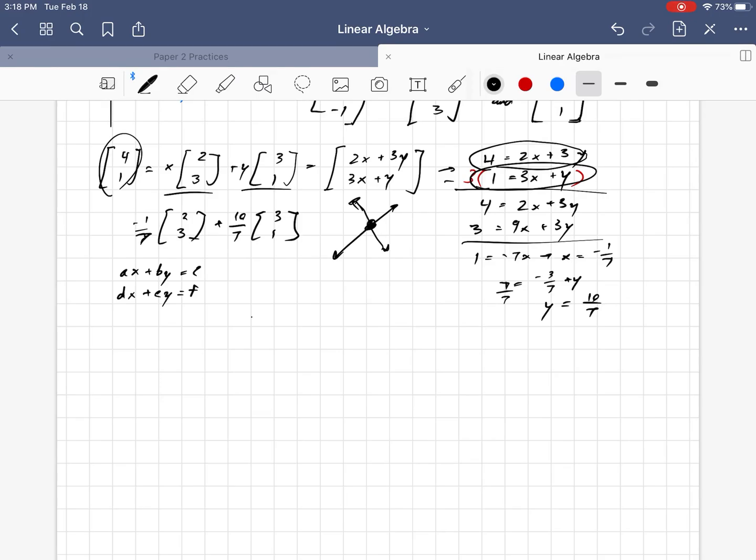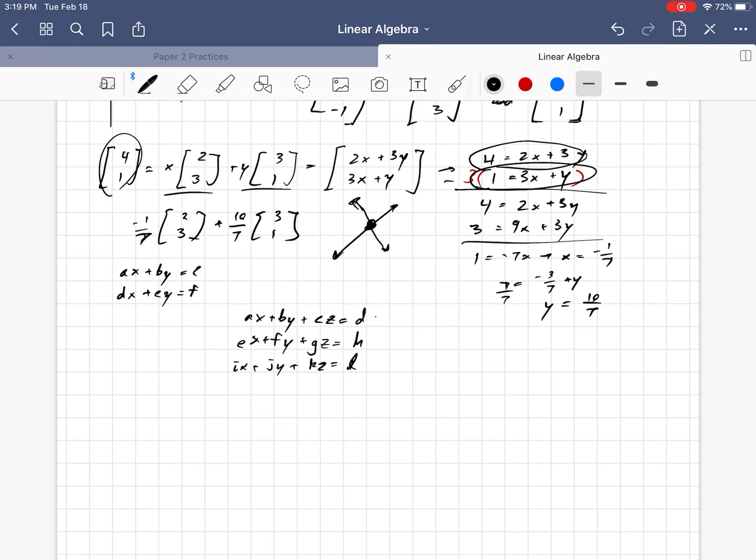And likewise, if, say, we had an equation ax plus by plus cz is equal to d, and another one with different letters, ex plus fy plus gz is equal to h, and a third one, and we're going to add them.